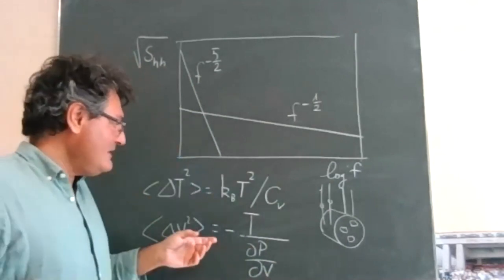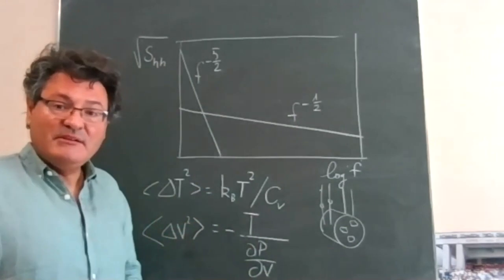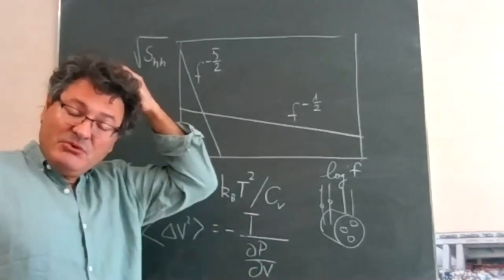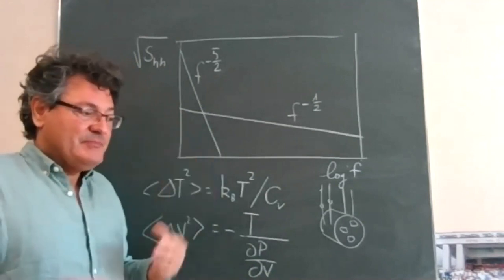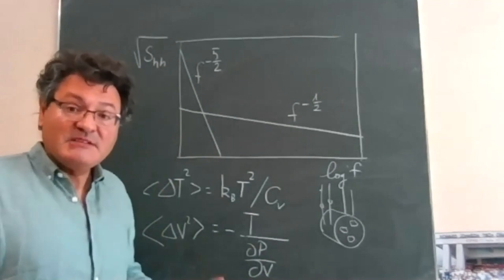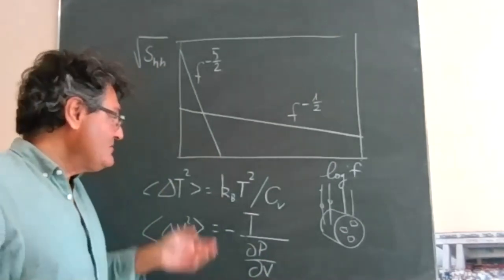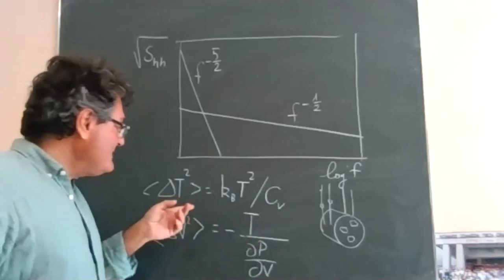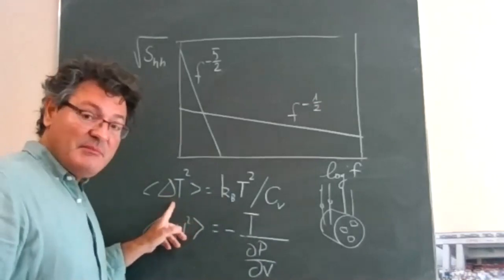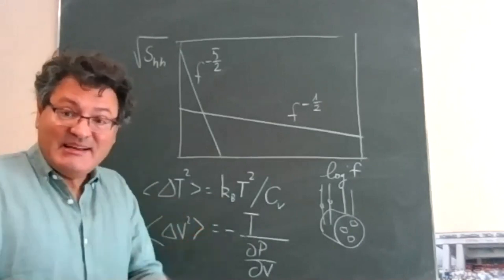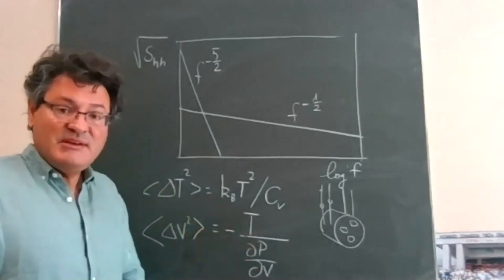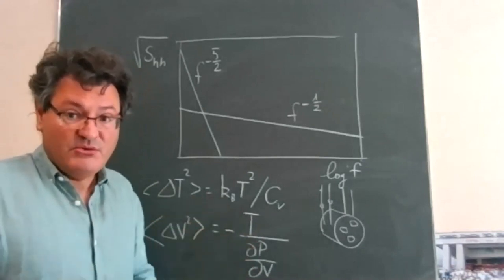But as you know, all materials show thermal expansion. So in real material, every time we have a fluctuation of temperature, it produces a fluctuation of the volume.